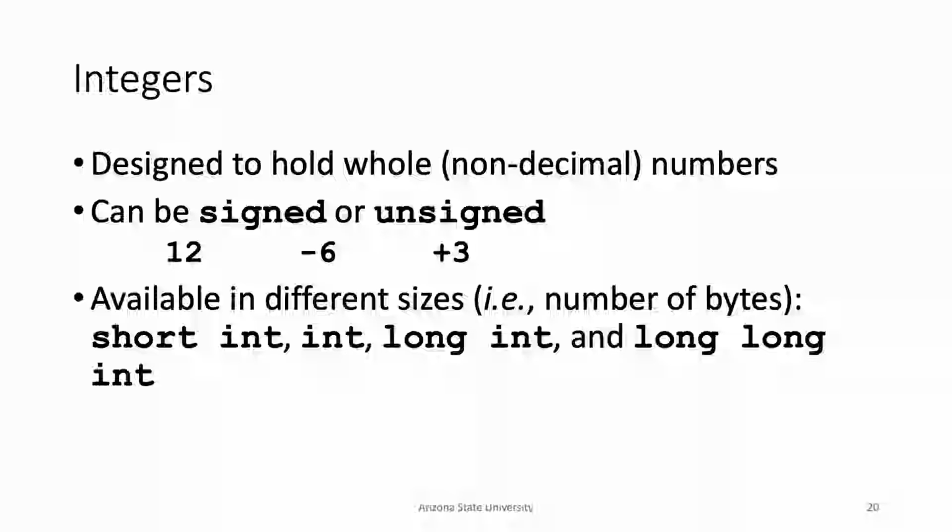Some computers have more. I don't know of any that have less than 32, but very commonly it has 32. So what's the difference between int and the other three here? Short int has at most the number of bits that int does.